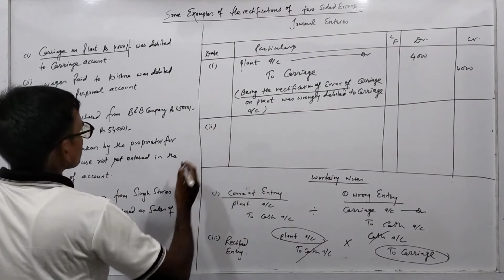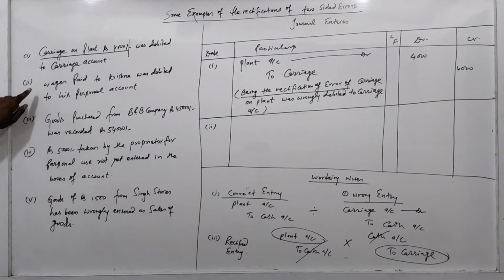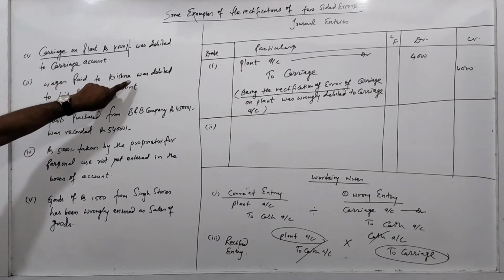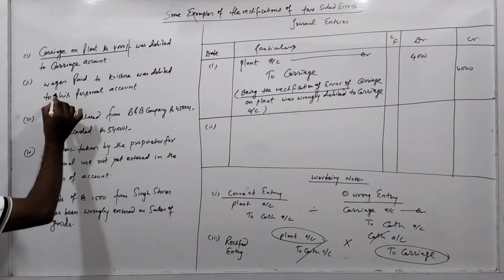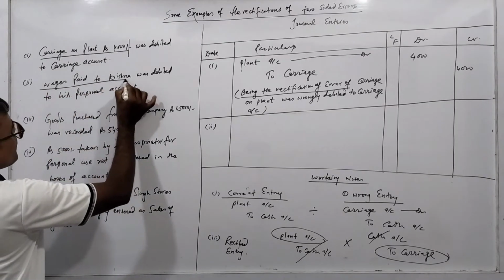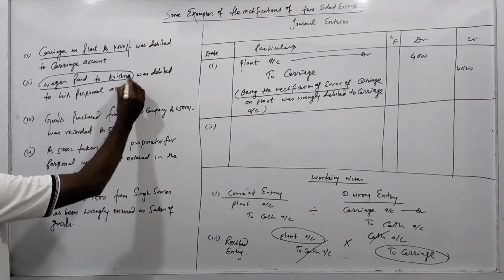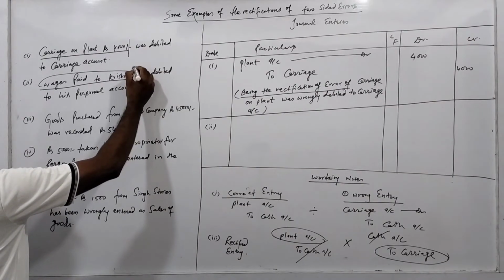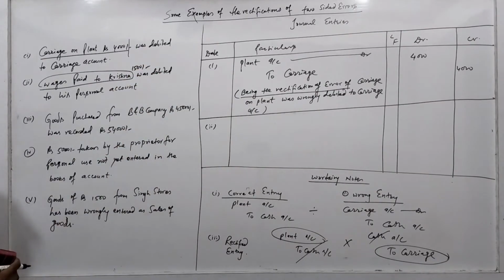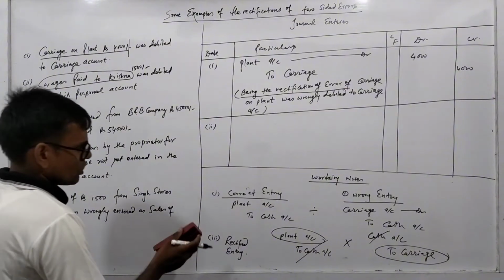You see question number 2. In question number 2, wages paid to Krishna was debited to his personal account. Here wages paid to Krishna, the amount is suppose 1,500. Wages paid to Krishna.